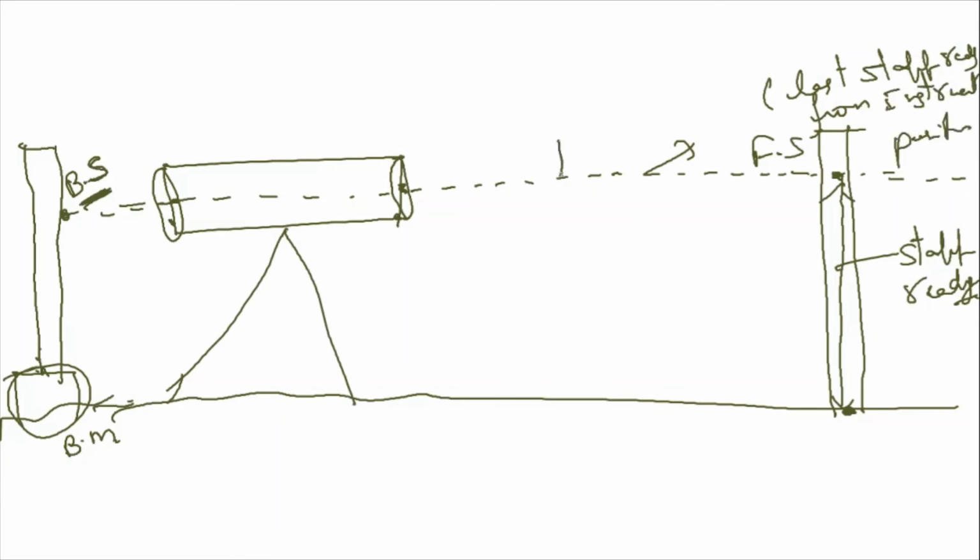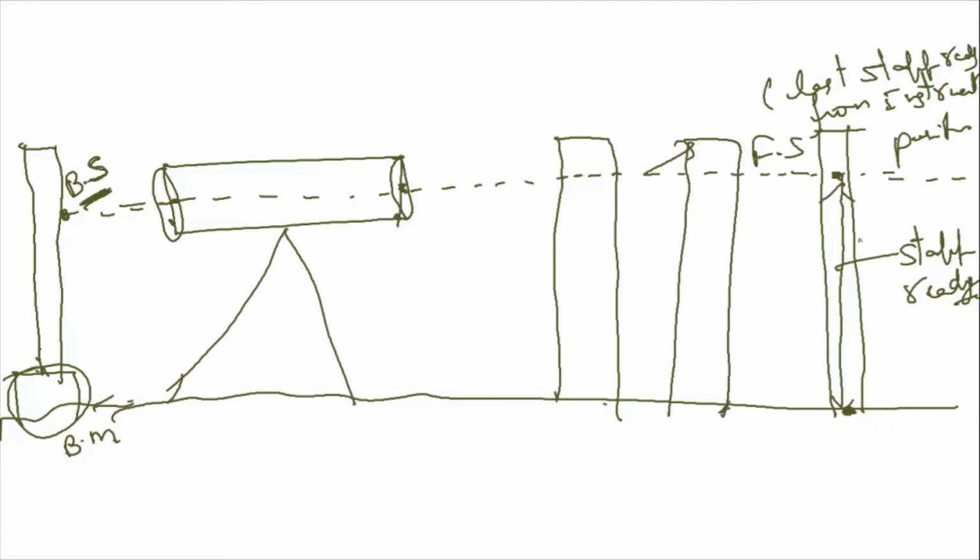Suppose you have placed the staff here. That means first you have taken the backsight, then you have placed the staff here and taken one reading, placed the staff here and taken another reading, and placed the staff here and taken another reading. Then the earlier two will not be the foresight; only the last staff reading will be the foresight. Instead these will become the intermediate sight. So what is intermediate sight?